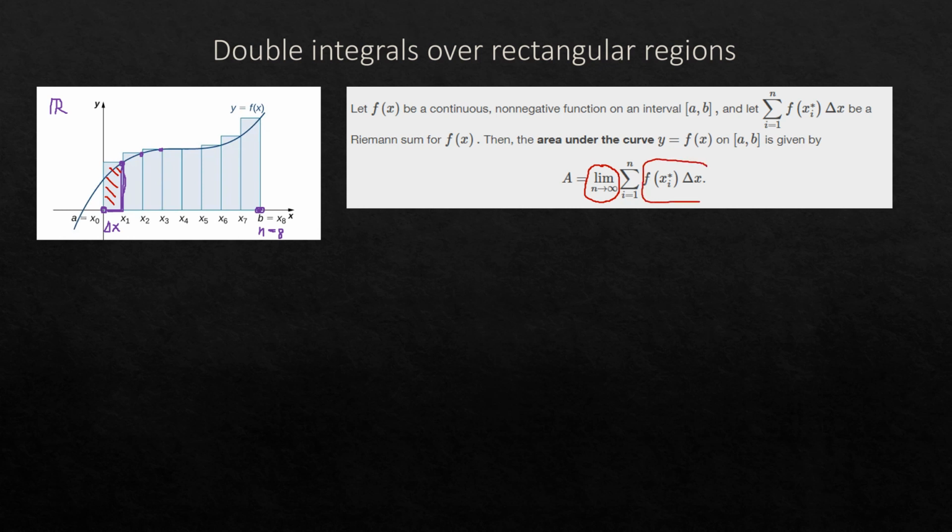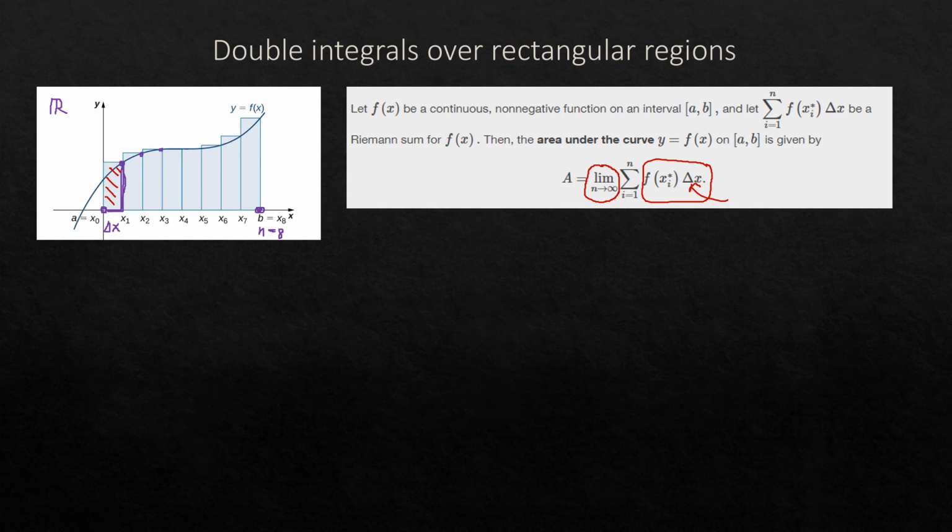And this expression right here is nothing other than height times width, where delta x is just the width or the length of the base of each rectangle. And of course, as n goes to infinity, this gets really, really small, and we get the true area under the curve. So that's how we develop that whole notion of an integral.